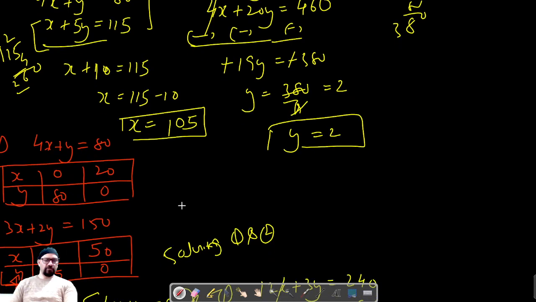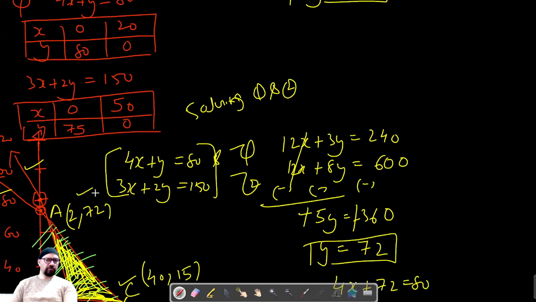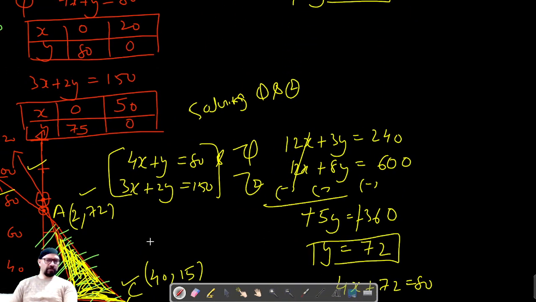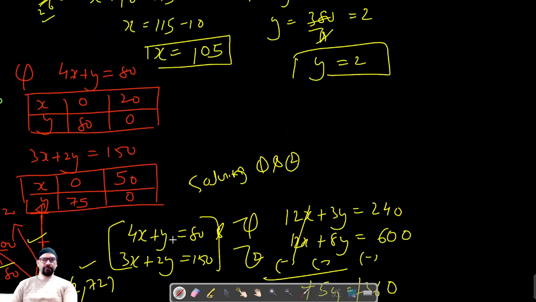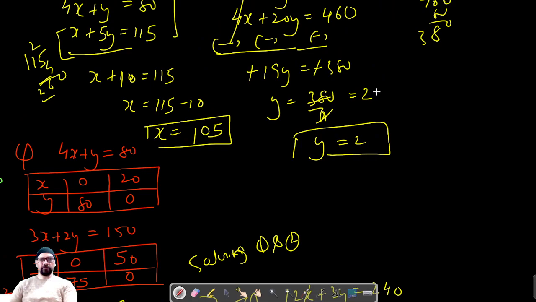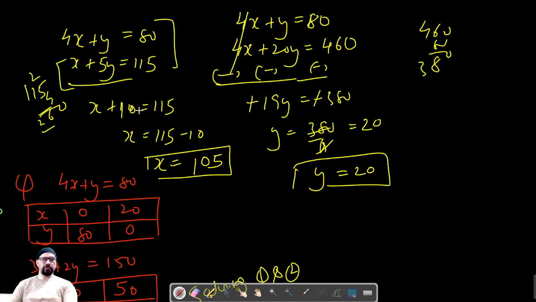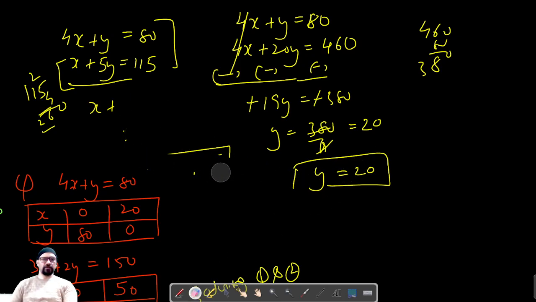So the first corner point was 2, 7/2, 40, 15, and next should be, okay, this is actually 20, and this is now 100. So this is 20, which gives us x plus 5 into 20 is 100, which is 115.